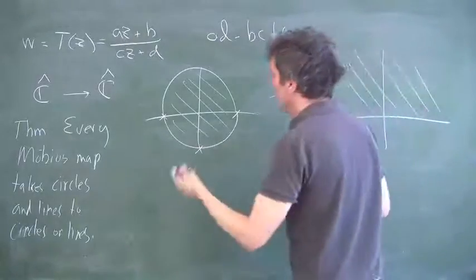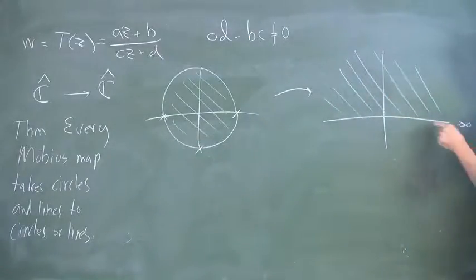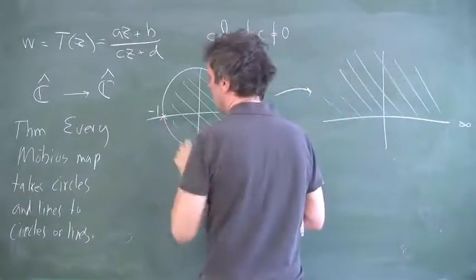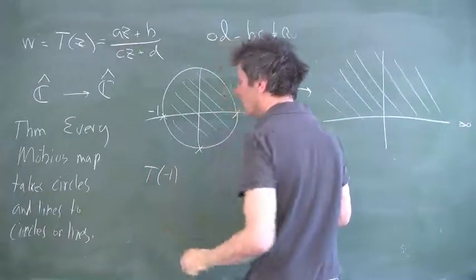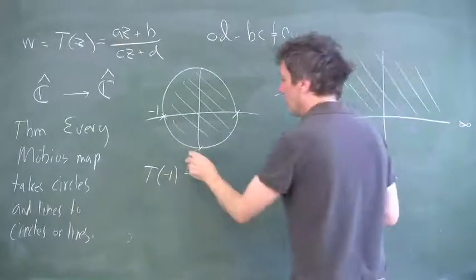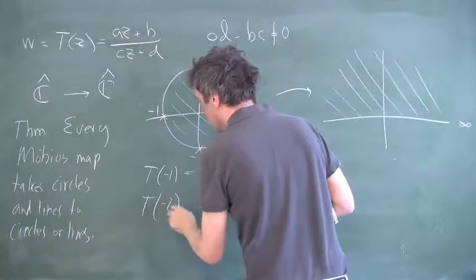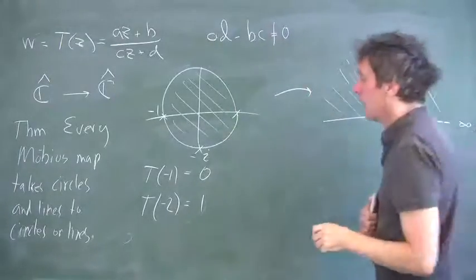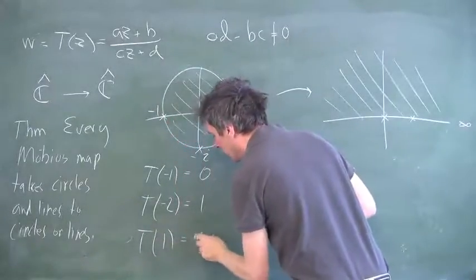And to do this in a convenient way, it's also convenient to include the point at infinity as a point on the real axis. So the way we do it here now is we take this point -1, and we'll map -1 onto 0. And then we take the point -i, and we want to map the point -i onto 1. And then we take the point 1, and we want to map it onto the point at infinity.